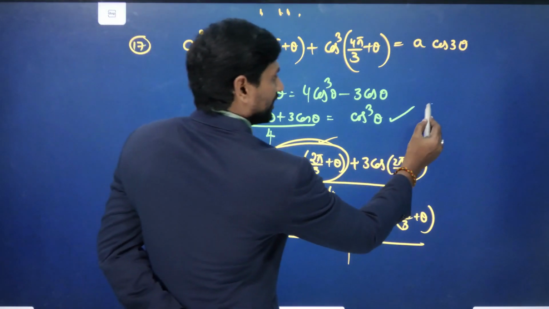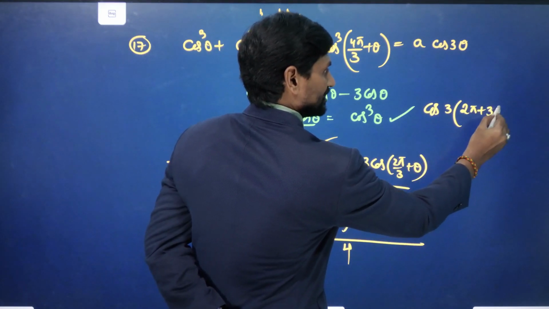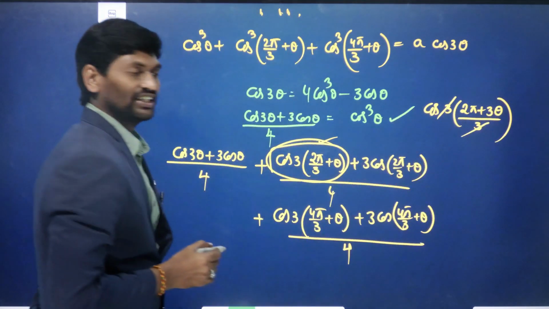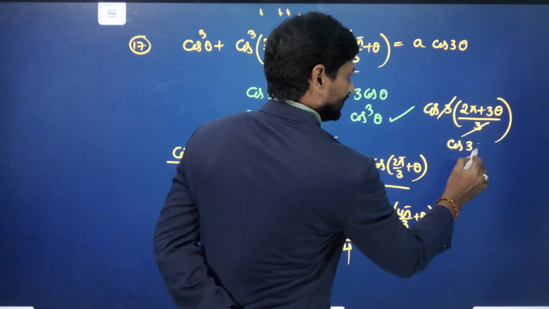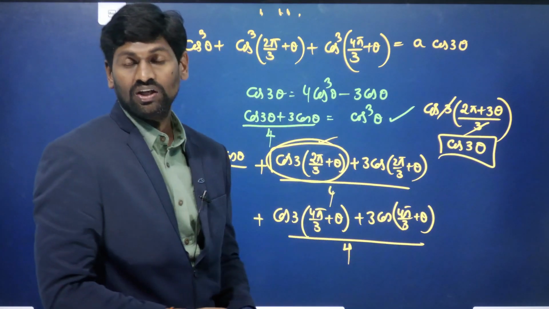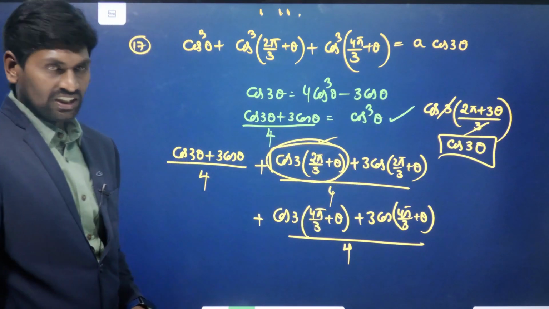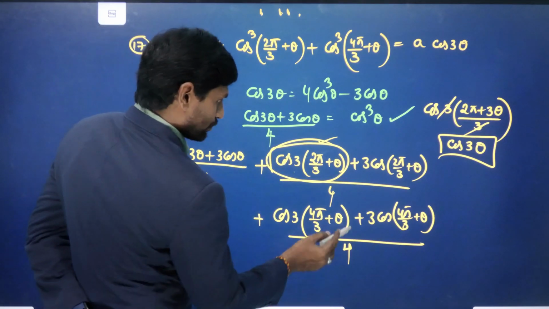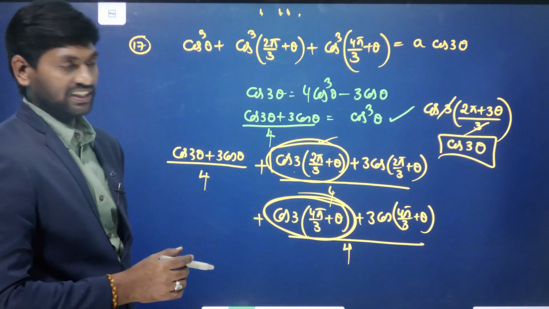Now I am writing this as cos 3 into (2 pi plus 3 theta) by 3. So numerator 3, denominator 3 cancel. Okay? Cos (2 pi plus 3 theta) is nothing but cos 3 theta. This value becomes cos 3 theta. 2 pi plus, cos value is positive, whenever it is 180 plus theta it is theta. Okay? So cos 3 theta. So in the second term and the third term, in these two places we can write directly cos 3 theta.